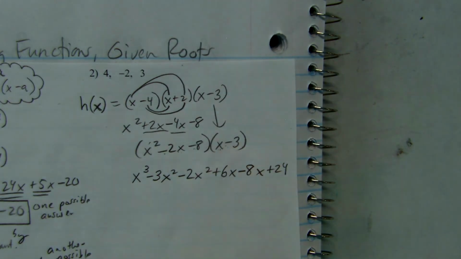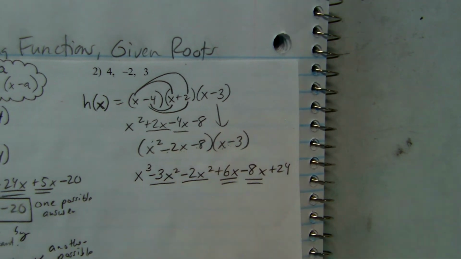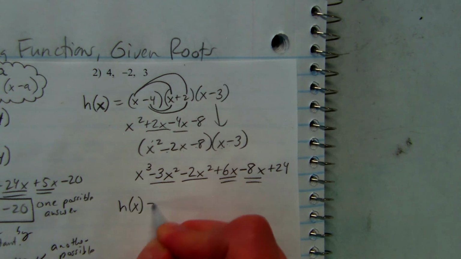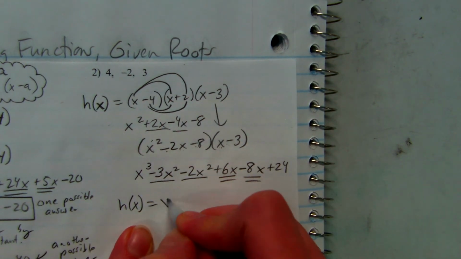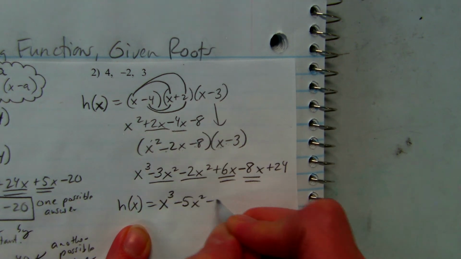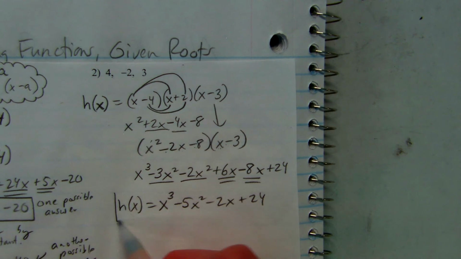So now that we've multiplied all that out, we're going to combine like terms to make this a little nicer to look at. We're going to have h of x on one side. You have to have the function notation in some form. We'll have x cubed minus 5x squared minus 2x plus 24.